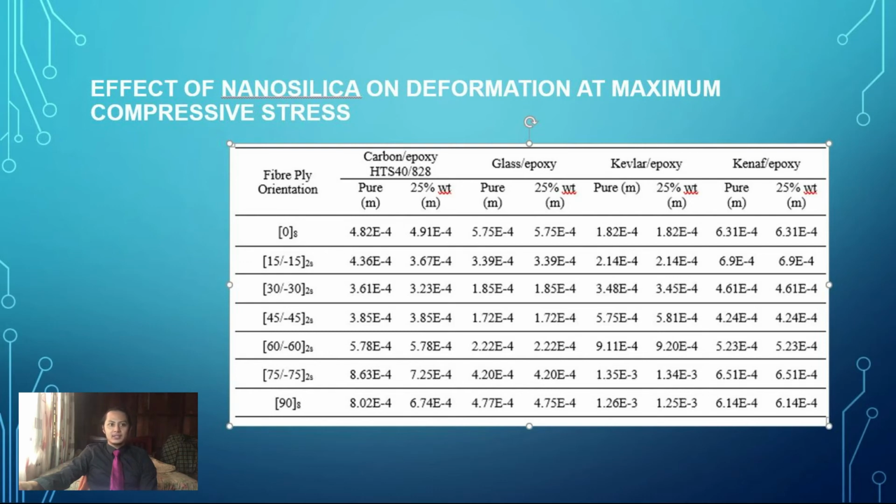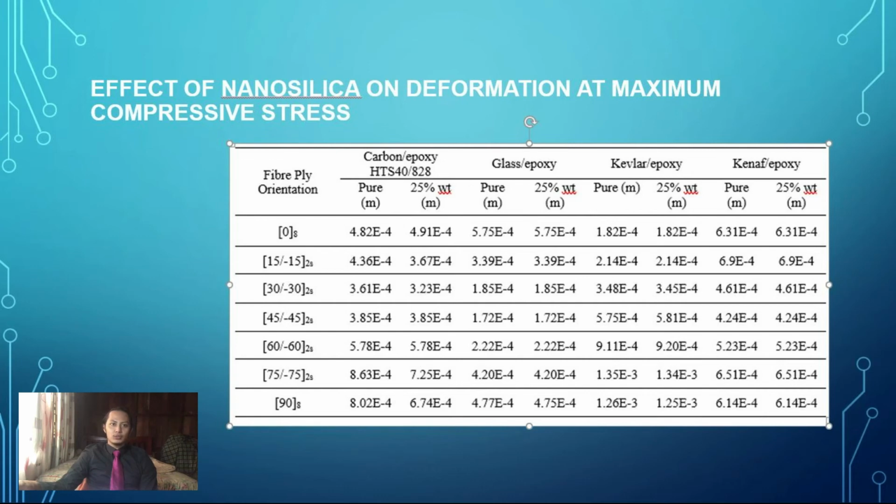In comparison to carbon, glass, kenaf, and Kevlar, Kevlar causes the highest deformation with 1.26 mm for both pure Kevlar and Kevlar combined with 25% nanosilica.